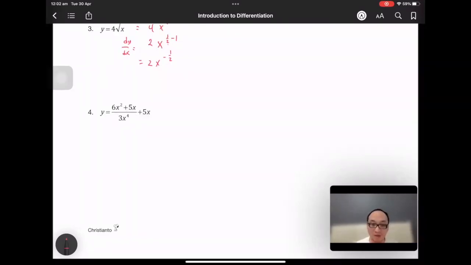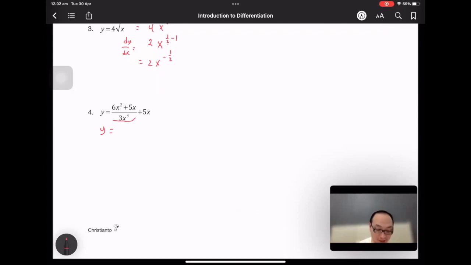Number 4. Y equals (6x squared plus 5x) over (3x to the power of 4) plus 5x. So we have to split the first fraction.